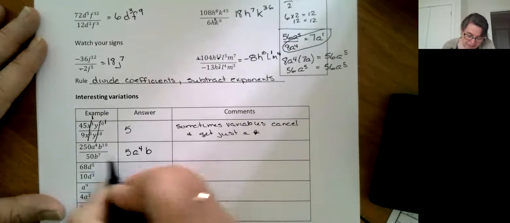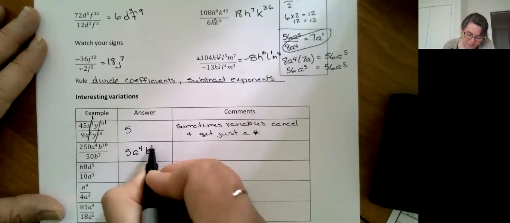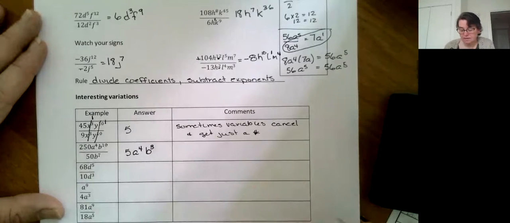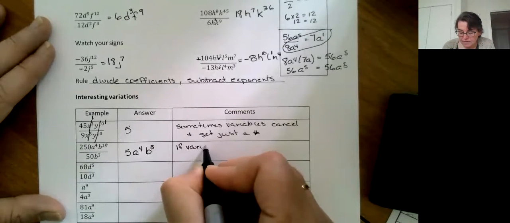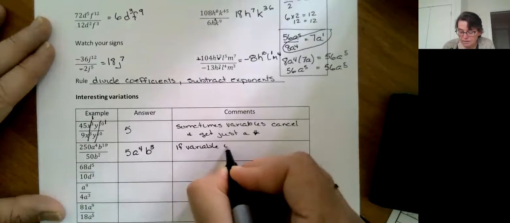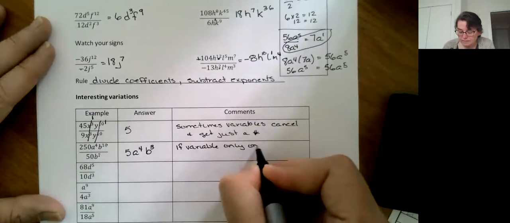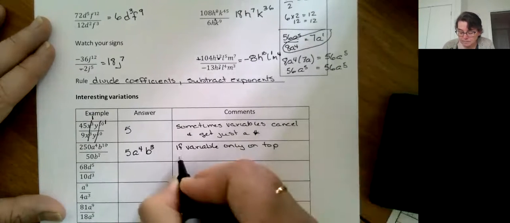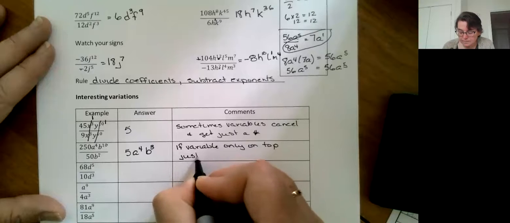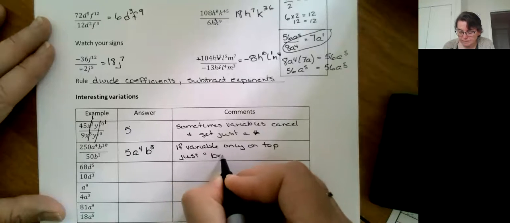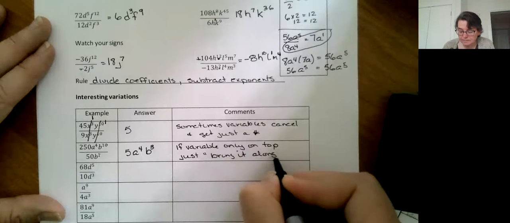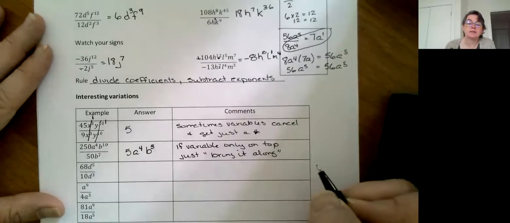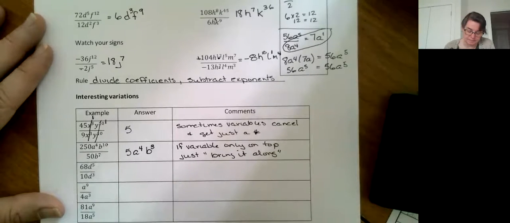It's going to give me a B, and 10 minus 7 is 3. So a variable only on the top, just bring along. Don't ignore it, just bring it along. Put it on the top just where it was.